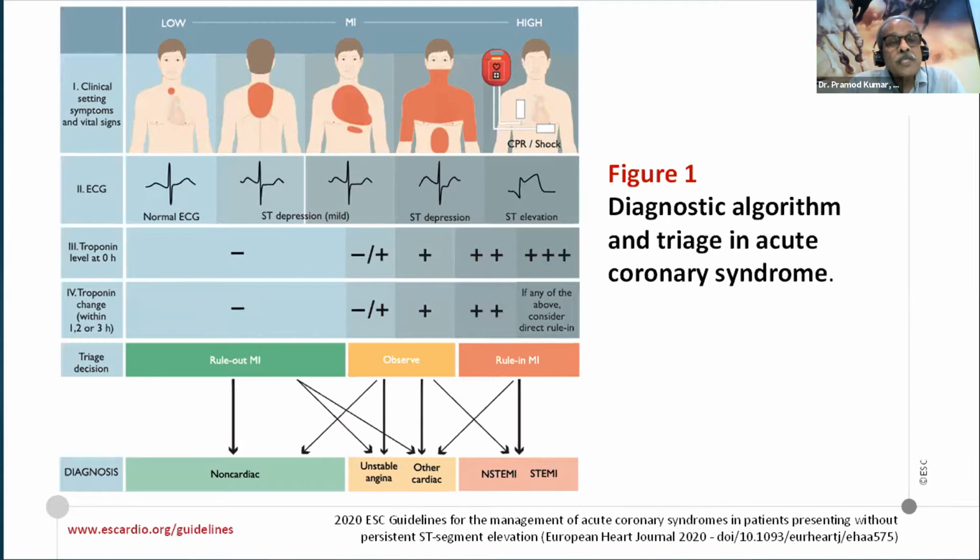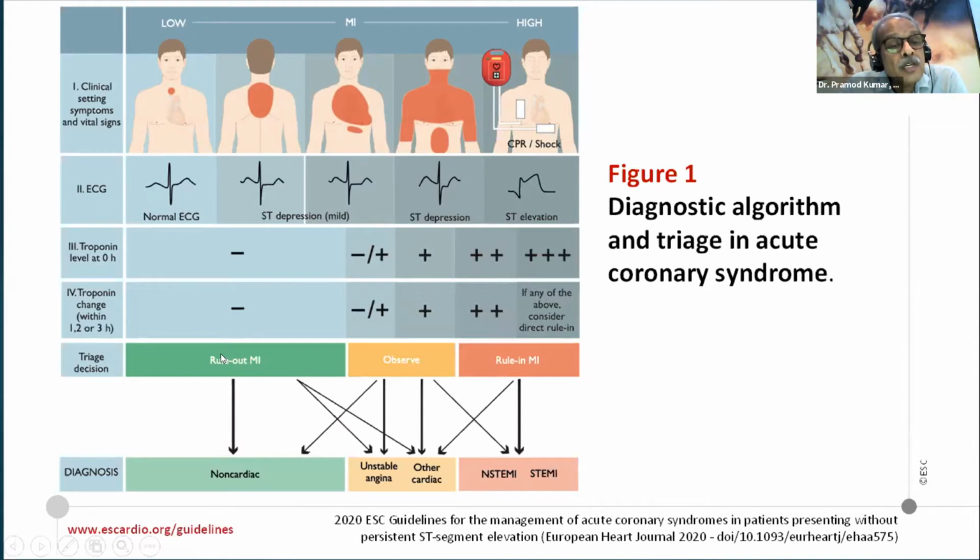As you can see in this slide, the presentation is divided into three parts: the low probability group, the intermediate probability group, and then the high risk, high probability group. The number one diagnostic help is clinical: the history and the clinical examination. The low probability group has an atypical chest pain, the ECG is normal, and the troponin is not raised.